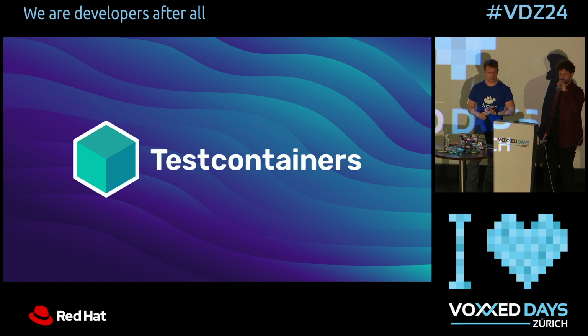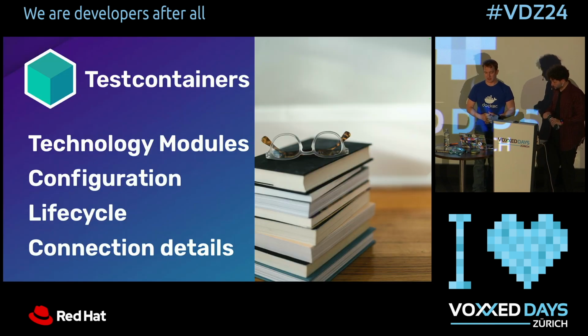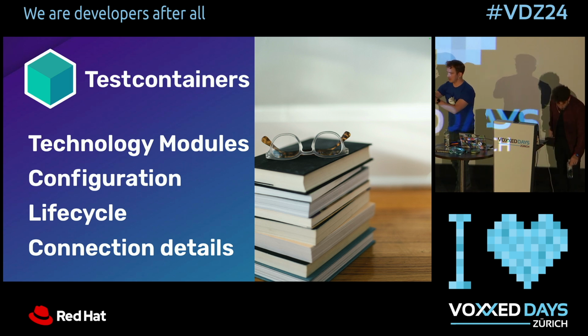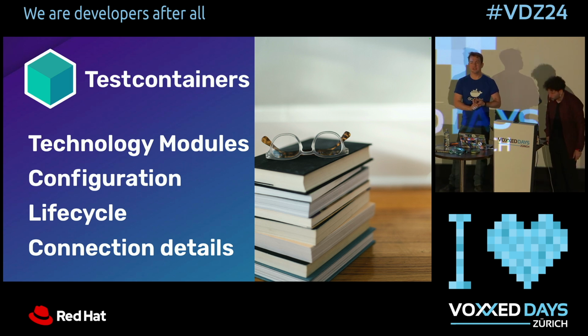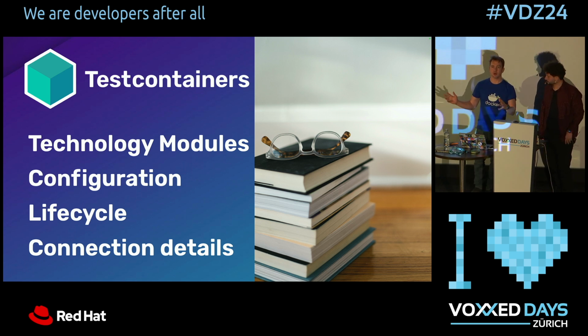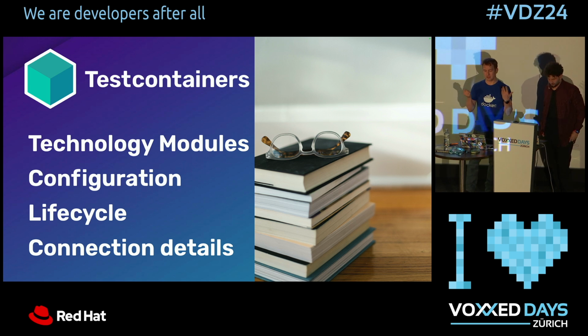You can manage the life cycle, configure applications within the container, and get the connection details to connect to various pieces. It also gives you a whole ecosystem of pre-configured abstractions, the Testcontainers modules, where you can use just a couple lines of code to spin up particular technologies.